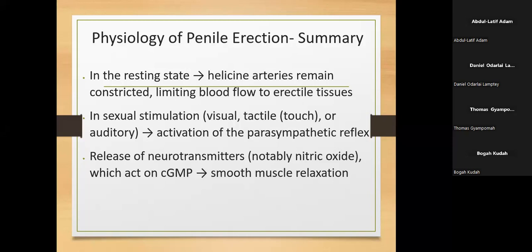As soon as the parasympathetic pathway is activated, it causes the release of nitric oxide by the neurons, and the nitric oxide will then act on GMP, that is cyclic GMP.